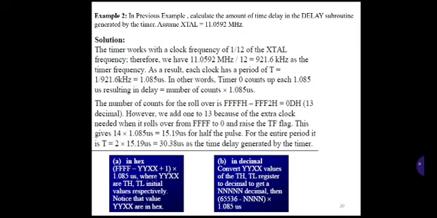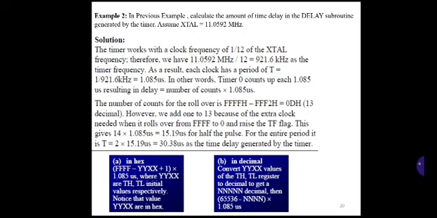However, we add 1 to 13 because one extra clock is needed when it rolls over. When it reaches FFFF and has to go to 0000, one extra clock pulse is required for counting from FFFF to 0000. That's why 1 is added to the count value.